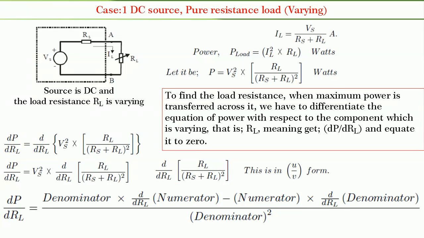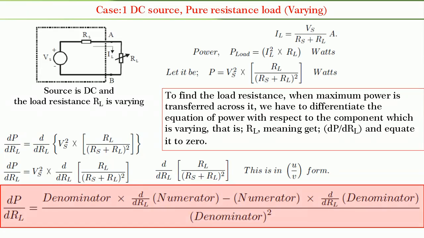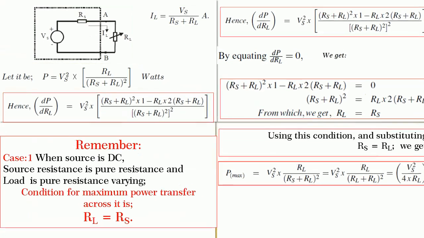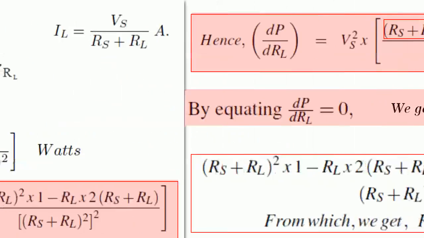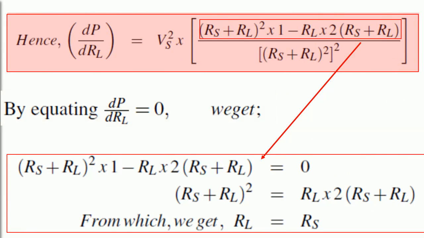Hence we know dP by dRL is equal to denominator into d by dRL of numerator minus numerator into d by dRL of denominator divided by denominator square. After finding dP by dRL and equating it to 0, we get Rs plus RL whole square into 1 minus RL into 2 into bracket Rs plus RL equal to 0.